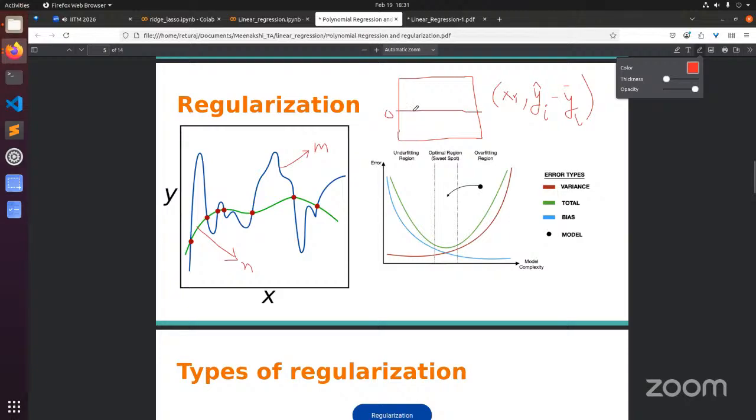For each x point, what is the error between the prediction and the true value? So this is the data point. How will the residual plots look for the green line, which is the nth degree polynomial prediction, and the blue line, which is the mth degree polynomial?